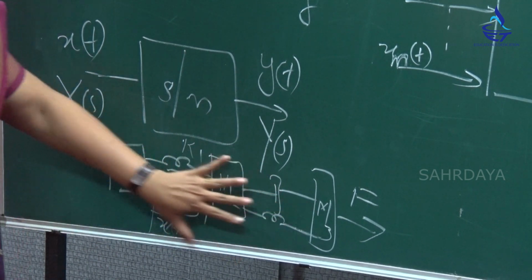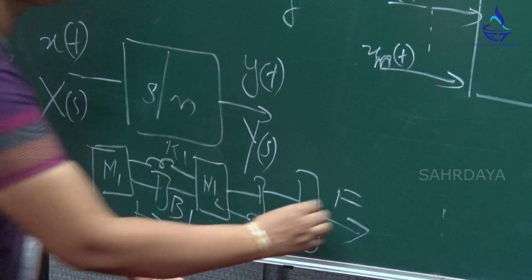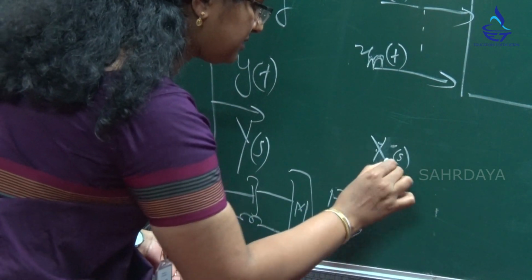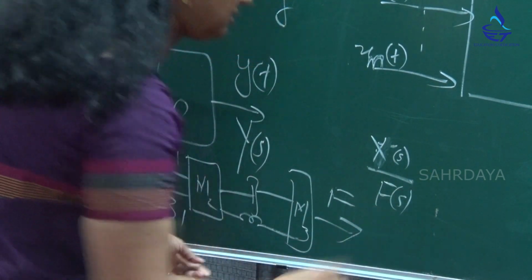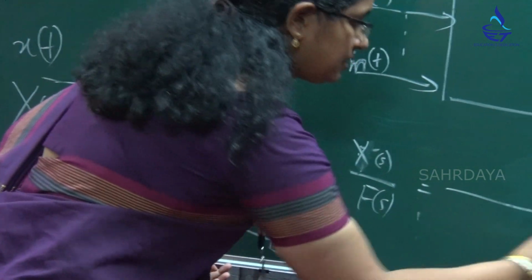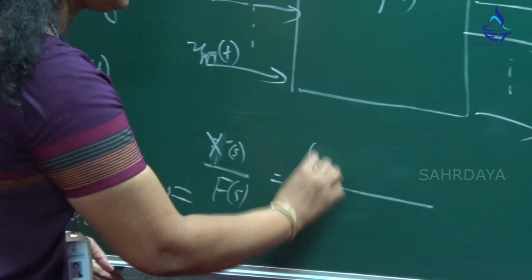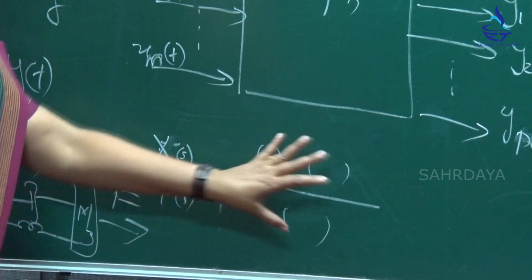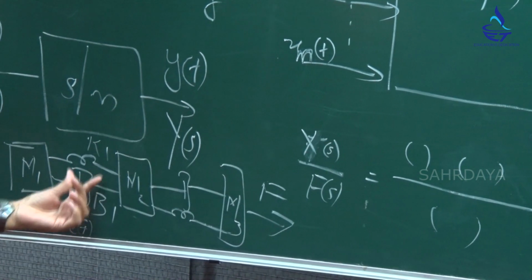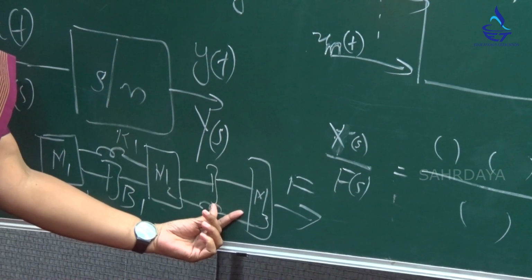Now when you represent the transfer function of the system as x of s divided by f of s, this will be the output by input transfer function, you will get something in some ratio of two polynomials in terms of s, and that is not telling you exactly what happens inside each of these elements.